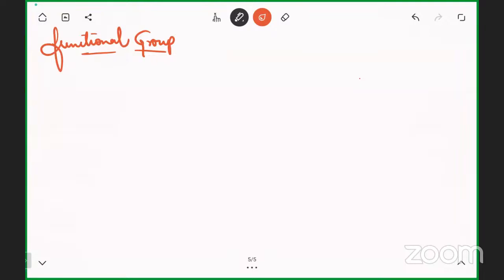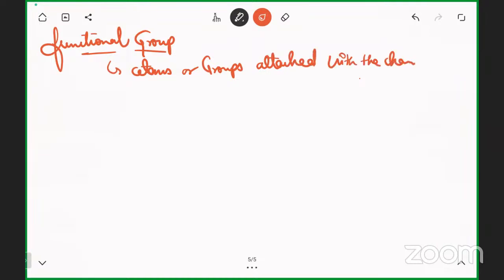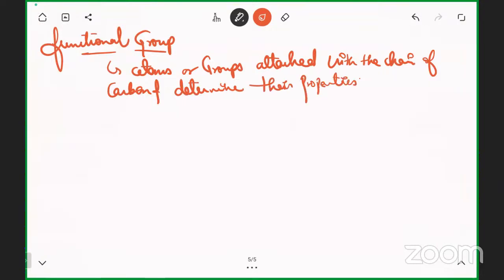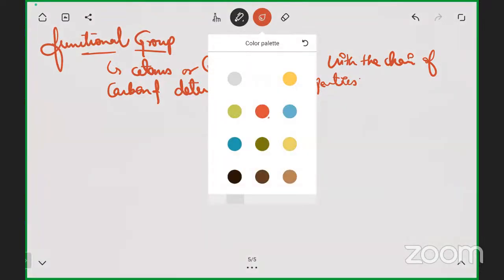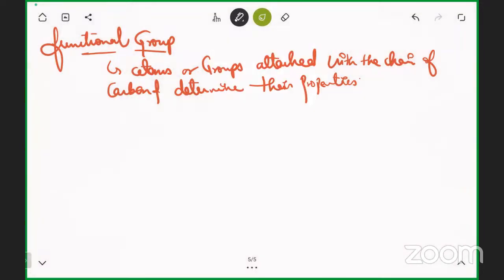These are the atoms or groups that are attached with the chain of carbon and determine their properties.